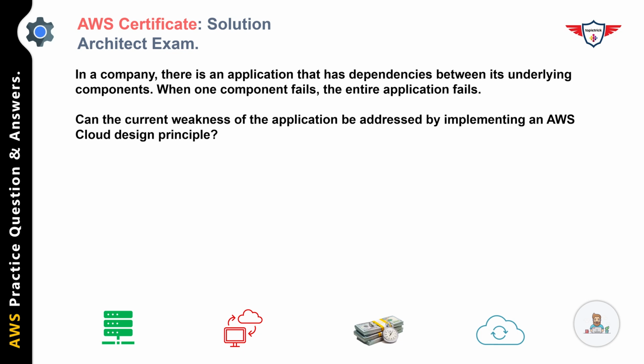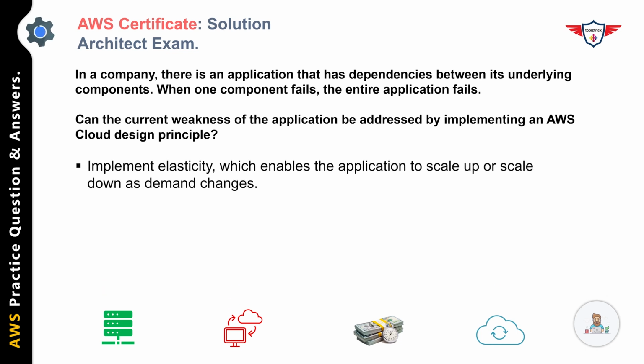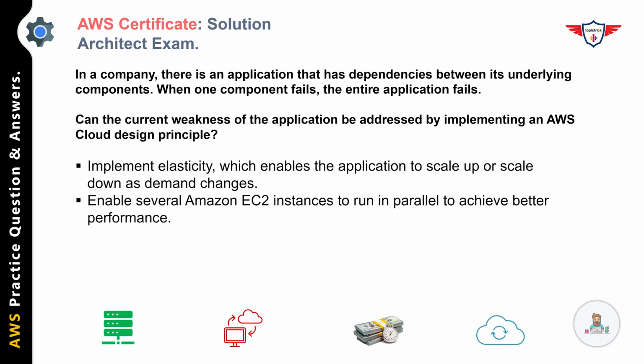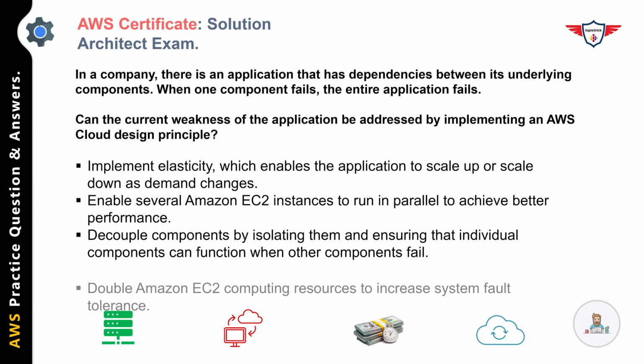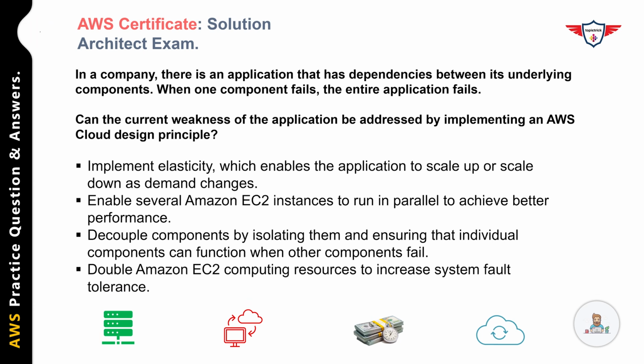And your options are: implement elasticity, which enables the application to scale up or scale down as demand changes; enable several Amazon EC2 instances to run in parallel to achieve better performance; decouple components by isolating them and ensuring that individual components can function when another component fails; double Amazon EC2 compute resources to increase system fault tolerance.